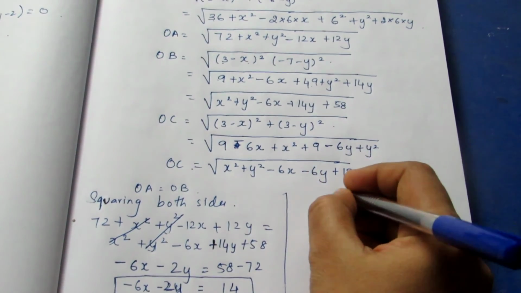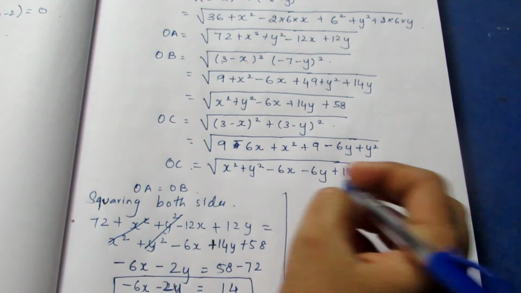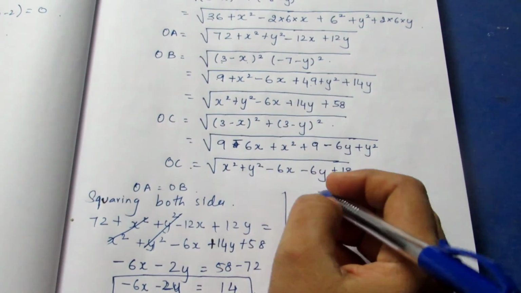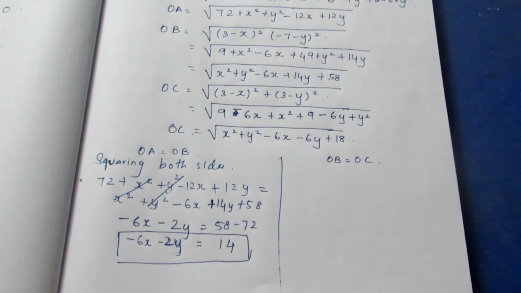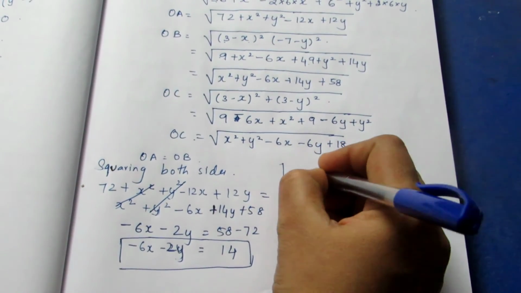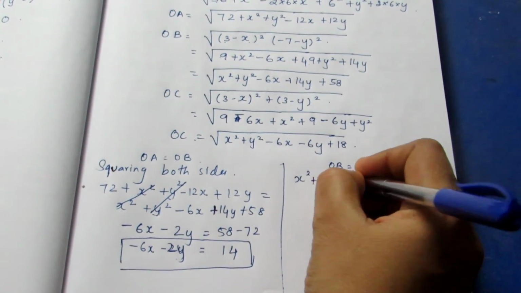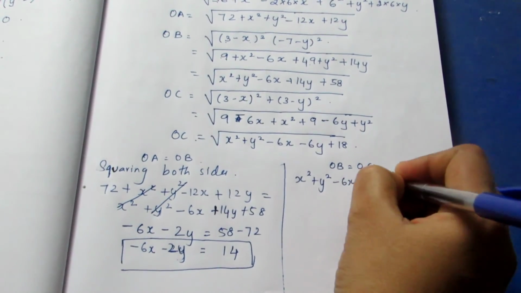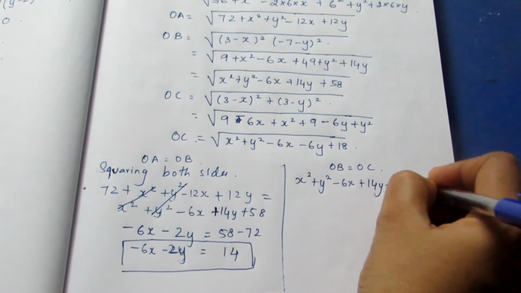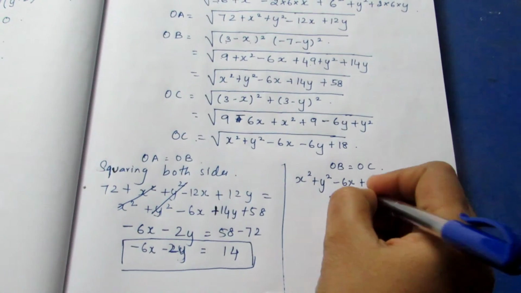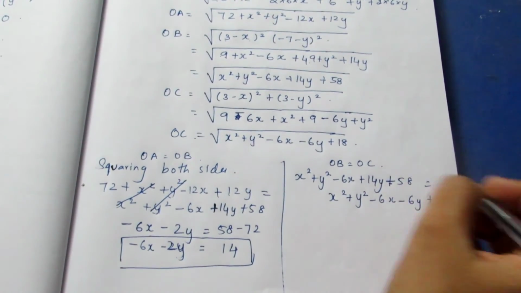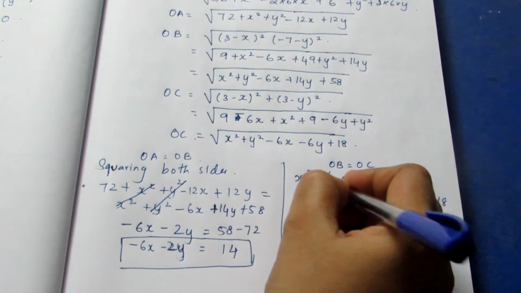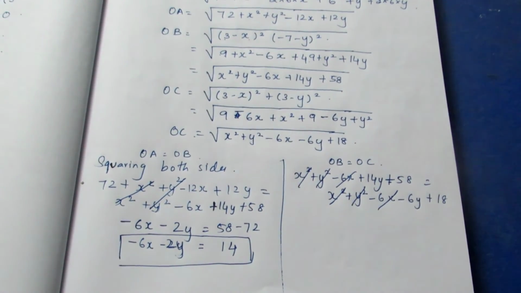So equating OB equal to OC, in the same way squaring both sides, the root goes off. It becomes x square plus y square minus 6x plus 14y plus 58 is equal to x square plus y square minus 6x minus 6y plus 18. Here x square, y square and minus 6x get cancelled because of the equal to; the same sign will go off.